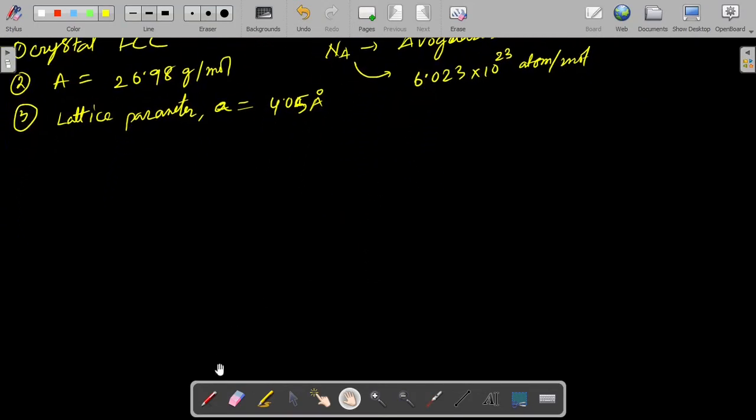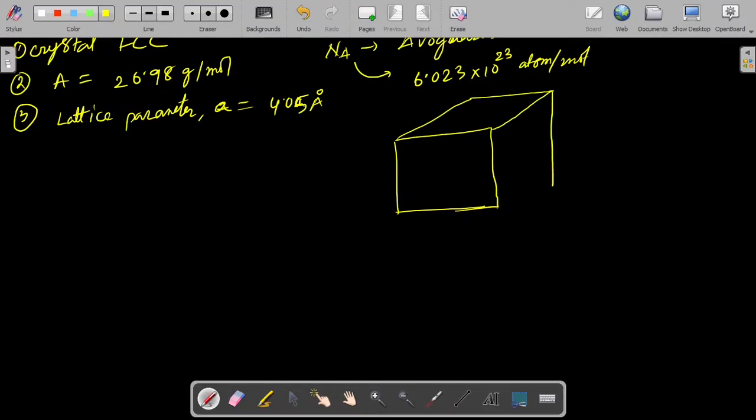So let's do that. It's an FCC, so let's draw the structure. That's a face-centered cubic. So let's draw it like this. That's the back side of this cubic lattice. FCC, face-centered cubic.